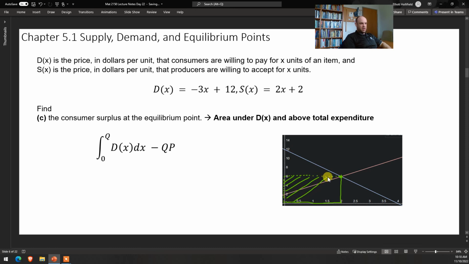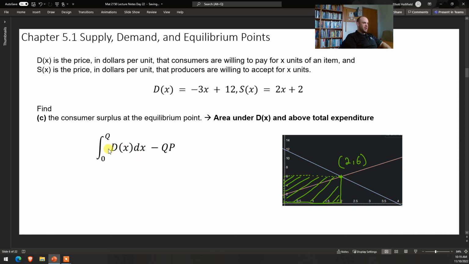Let's shade that area, and let's see, what does it mean geometrically, this integral minus this quantity? Remember that Q times P is represented as the product of 2 times 6, which gave us 12.